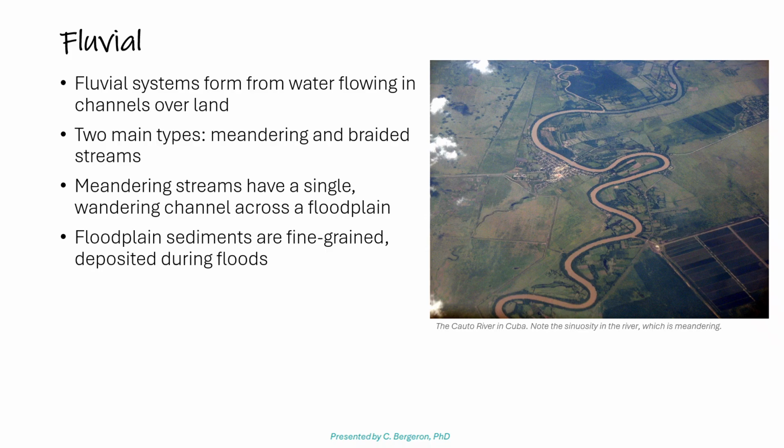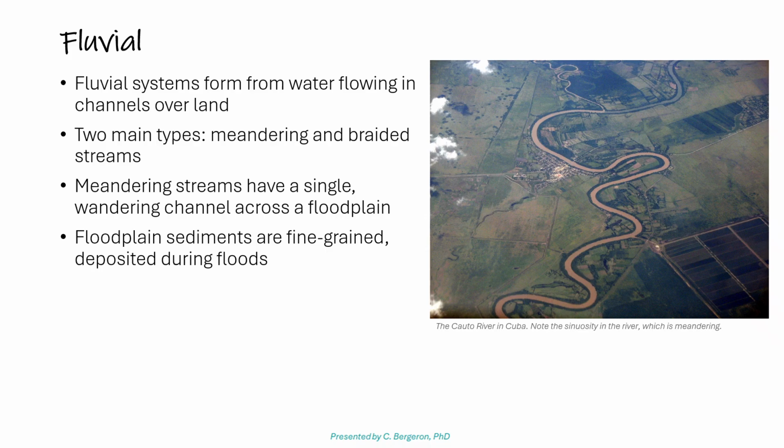With meandering rivers, floods will happen regularly. The river will exceed its banks, and when that happens, that's when you get deposition near the river. Typically, the sediment that's left behind from this scenario is mostly fine-grained material.